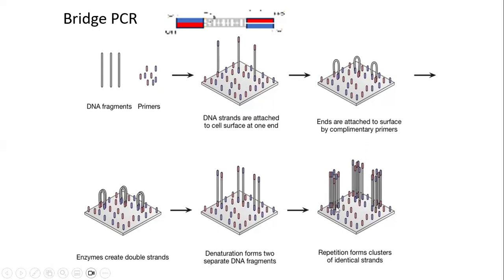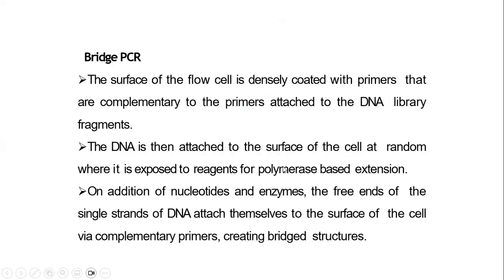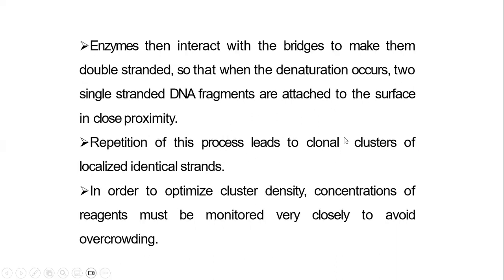Attached to each cell is one DNA fragment that gets amplified to form a cluster of that DNA fragment. The steps are mentioned here for your reference in the first and second slides about bridge PCR.